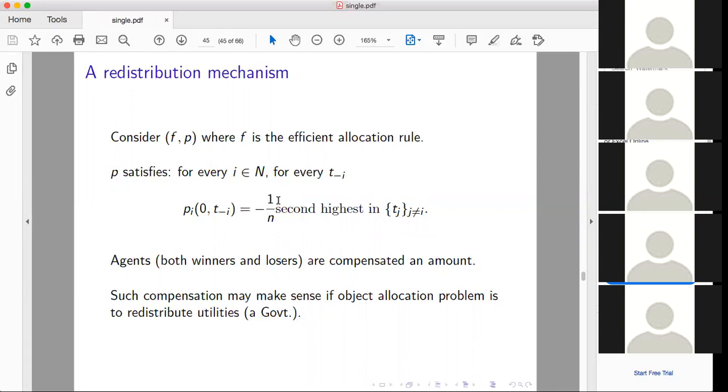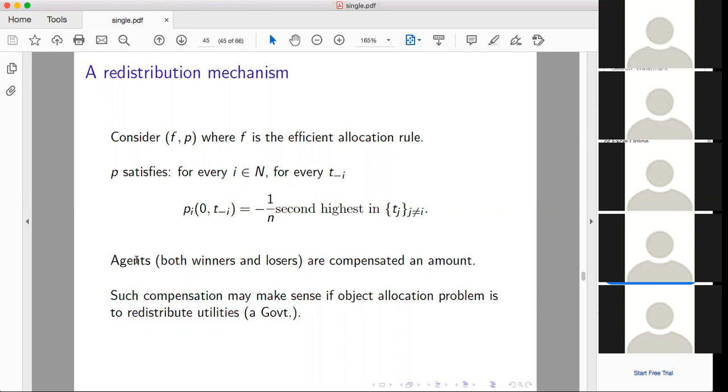You can try other things also, like you can try highest in Tj and other kinds of choices. I mean, there are many choices we have, but I have chosen one particular formula for Pi 0 T minus i, and it leads to a good redistribution of the value realized by the highest value agent.